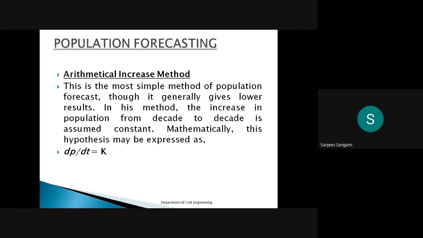If all 8 population forecasting methods are over, then this module is over. Maybe we'll spend 4 to 5 hours of class on population forecasting. Each forecasting method we will study, and we'll take one or two problems from it.